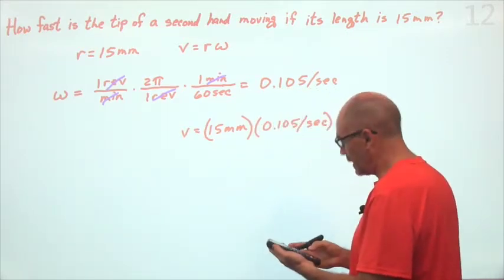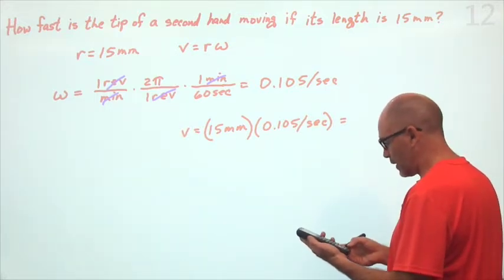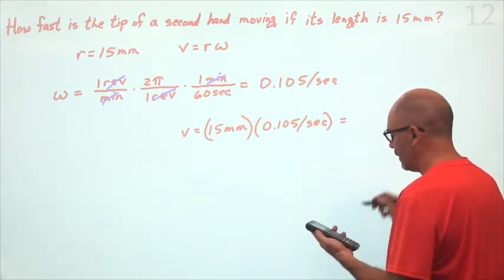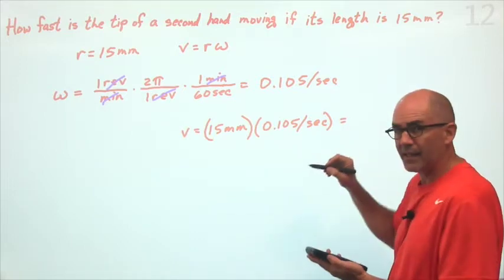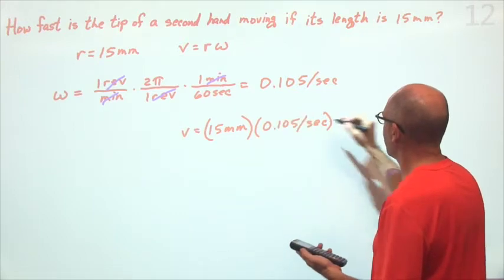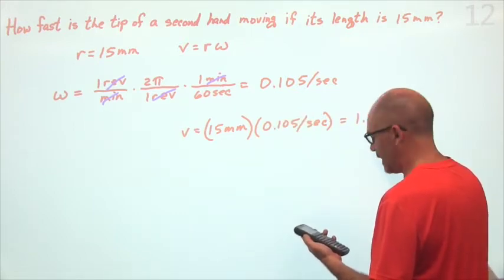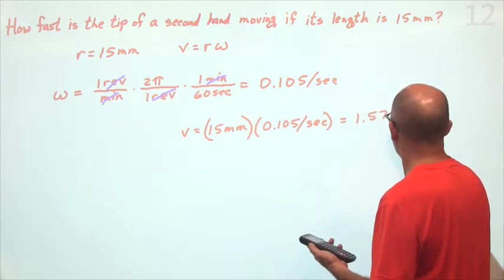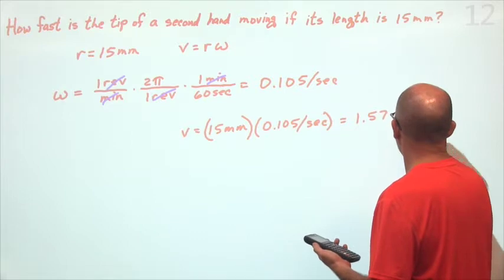And so that velocity is going to be, now all I do is keep the 0.105 in the calculator and I just multiply by 15. So it's going to be 1.5707963268 millimeters per second. So 1.57 millimeters per second.